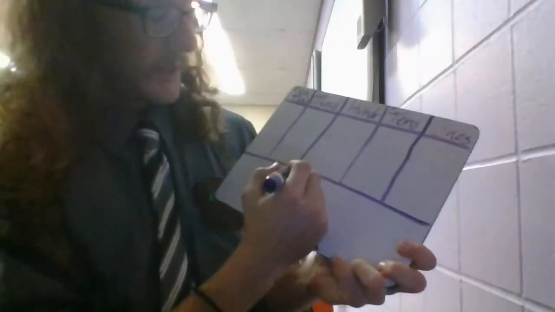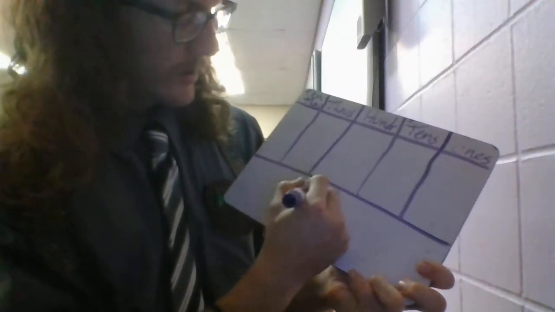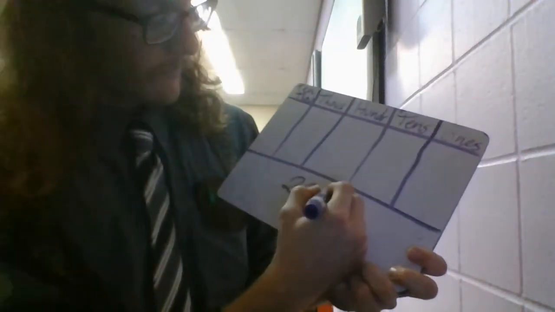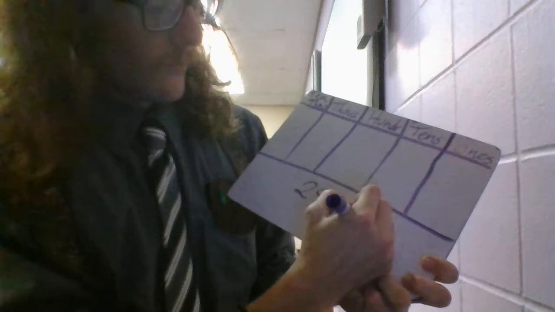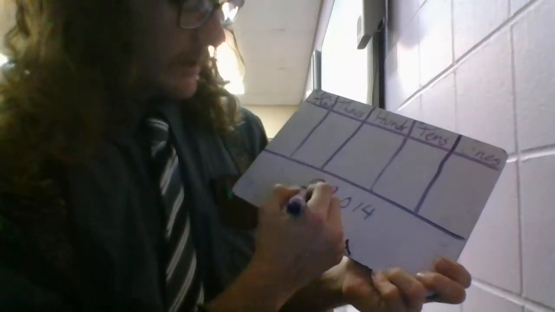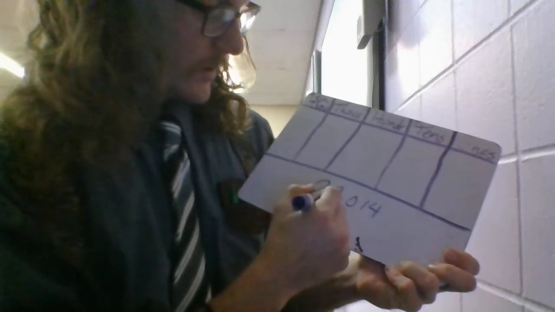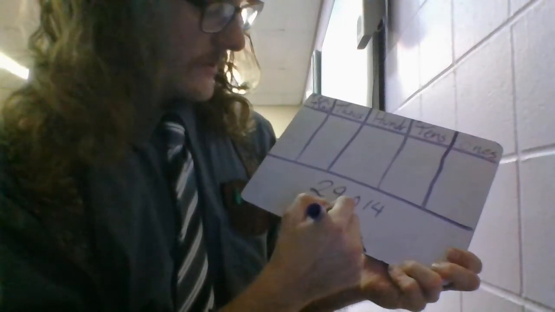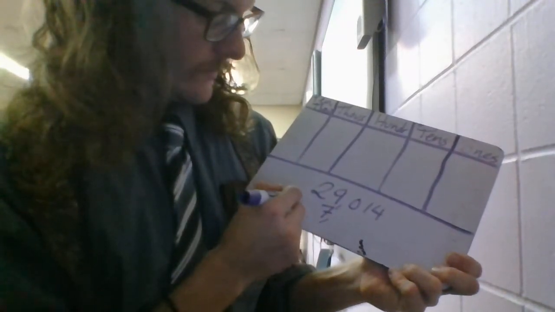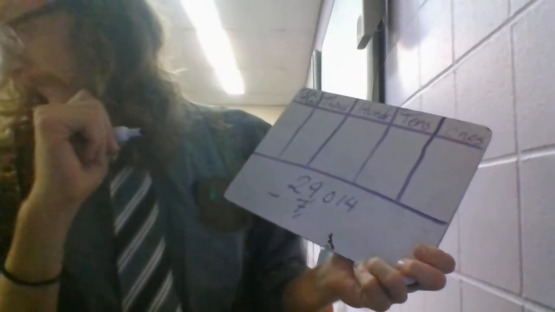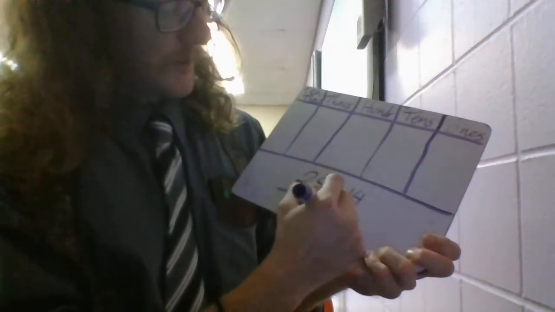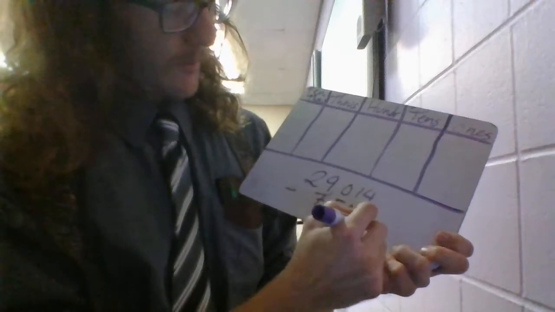And we are going to subtract. The reason that we left this space down here is we're going to take 29,014. And we're going to take away 7,503.